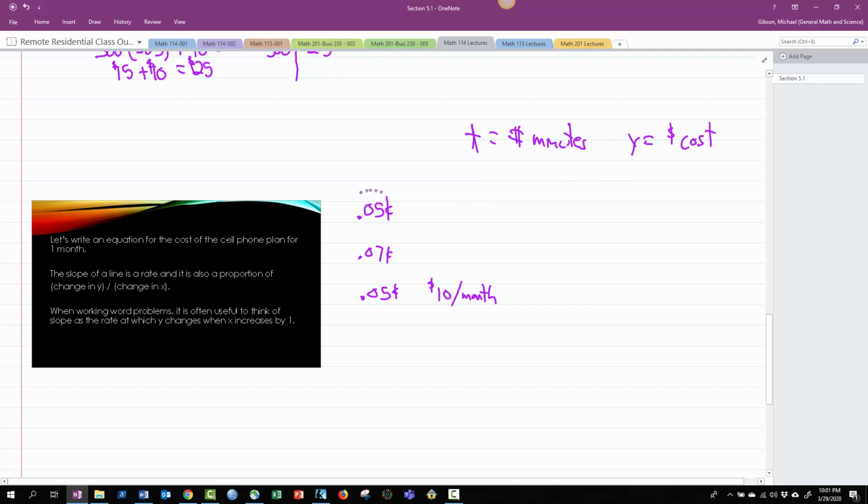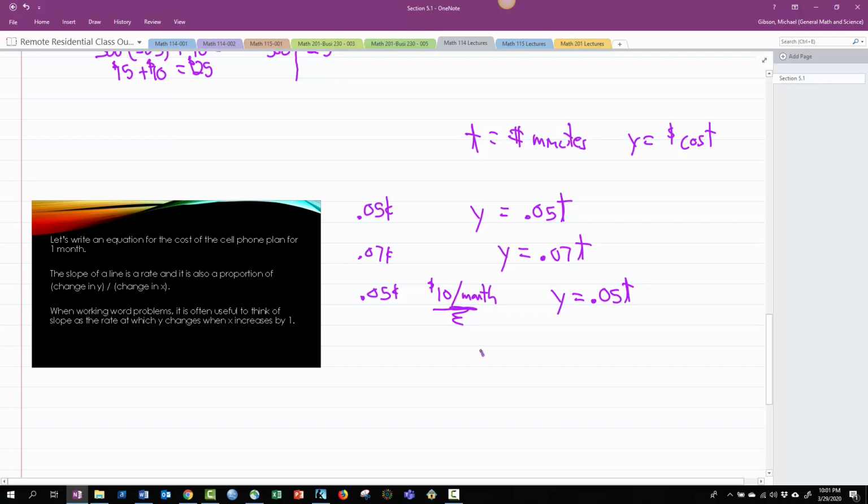All right. So this first one was just 5 cents. Since it's 5 cents per minute, that's the slope. You get Y equals 0.05 T. Since this next one is 7 cents per minute, and T is minutes and Y is cost, then Y is 0.07 T. Now the last one, again, we're back to 5 cents per minute, so that's Y equals 0.05 T. But now we also have a fixed fee.